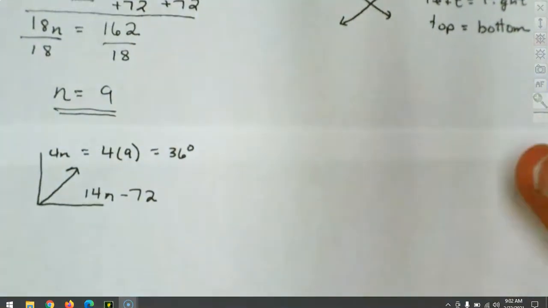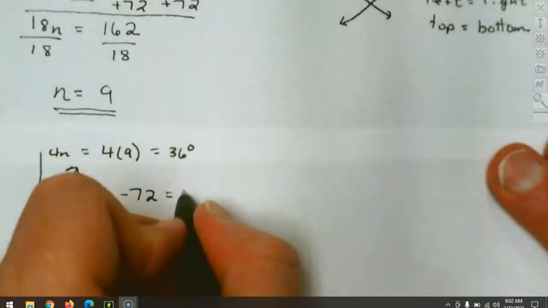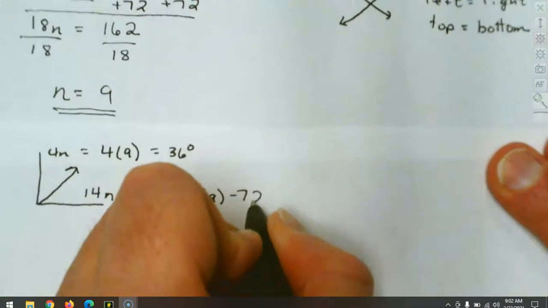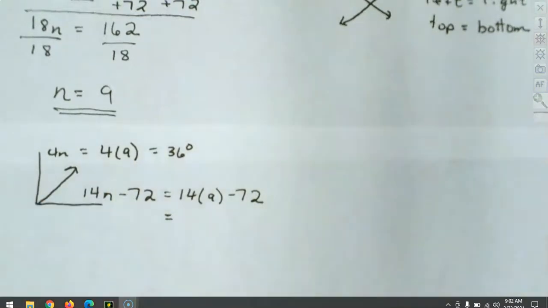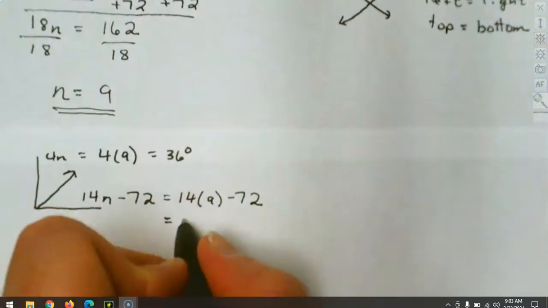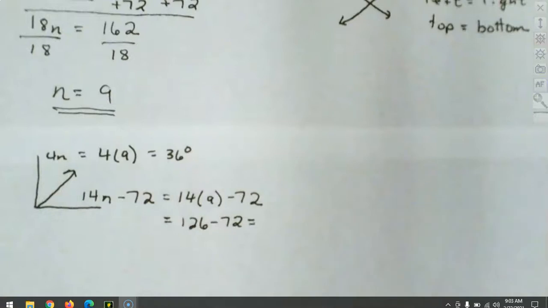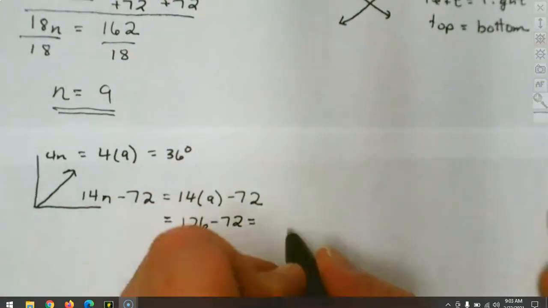Now, what about the other one? It's going to be 14 times 9 minus your 72. And 14 times 9, that's 126. Minus that 72 gives you then 54 for the difference.